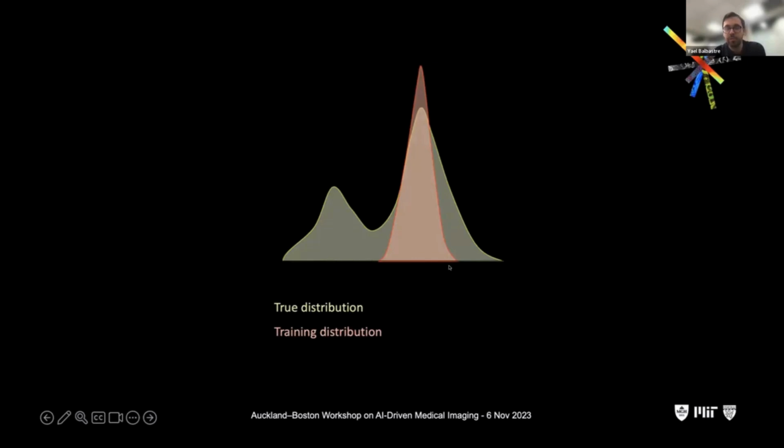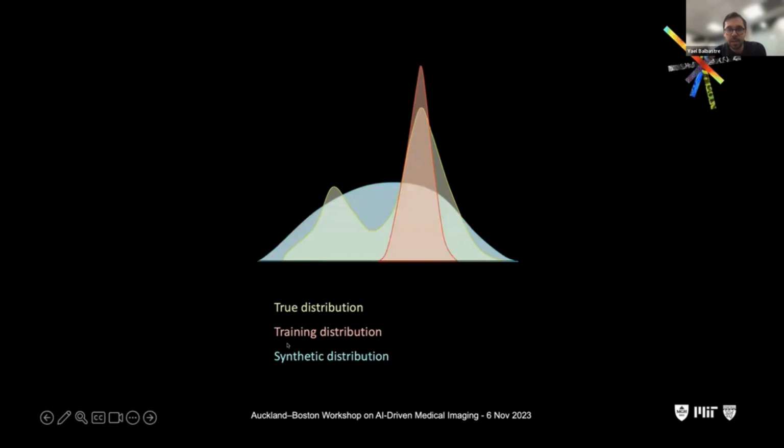So there's a bunch of images that are never shown during training, and then that creates a domain gap. When we use synthetic data, we actually try to create a distribution that is much broader than the true distribution, so that when it sees real data, it's inside the space of things that are sampled. But what we're sampling out doesn't need to be realistic. It just needs to be more broad than the true distribution of data.